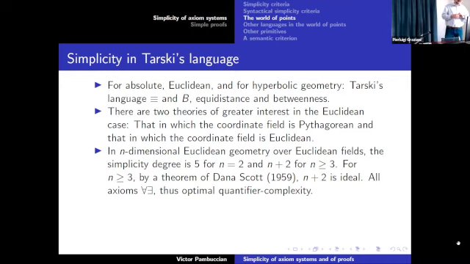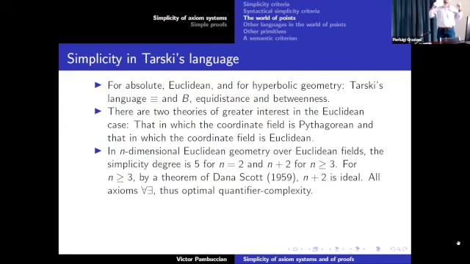Now, n plus 2 is absolutely top. Why? Dana Scott in 1959, in this conference that was at Berkeley, it was in 57, 58, but it was published in 59 under the name the axiomatic method, has shown that any axiom system for n-dimensional Euclidean geometry would have to have an axiom with n plus 2 variables because of dimension.